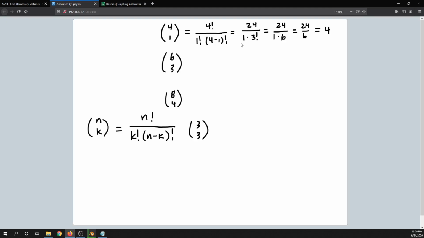All right, and it's fine to calculate it that way until the numbers get a little bit larger, and then it's not as nice to do it that way. So for instance, if we have 6 choose 3, that would be 6 factorial, the top number factorial, and then the bottom number factorial on the bottom, and then 6 minus 3 factorial.